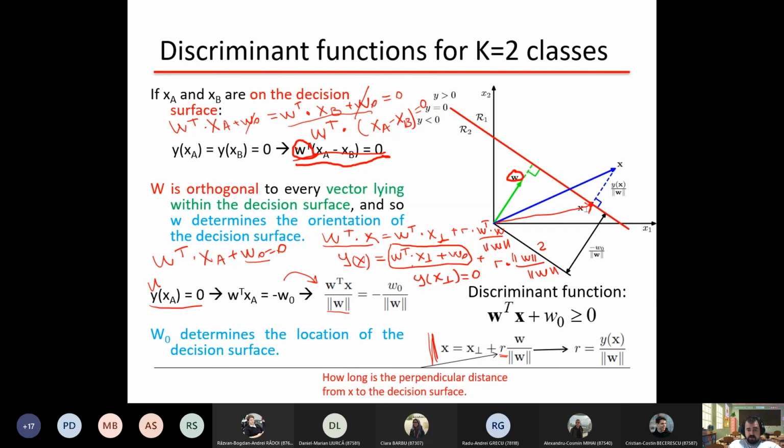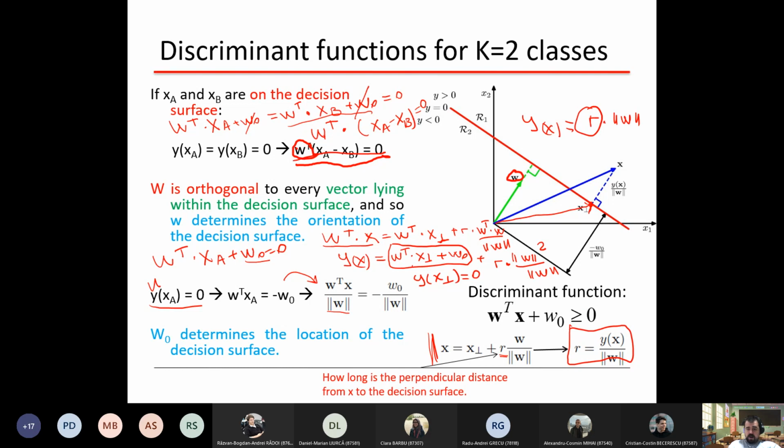decision surface. So what we get after this, I'll write on top here. So we get y of x equals r multiplied by the norm of w. Okay, and from here, in order to obtain r, we divide by the norm of w, and therefore we get to this formula.